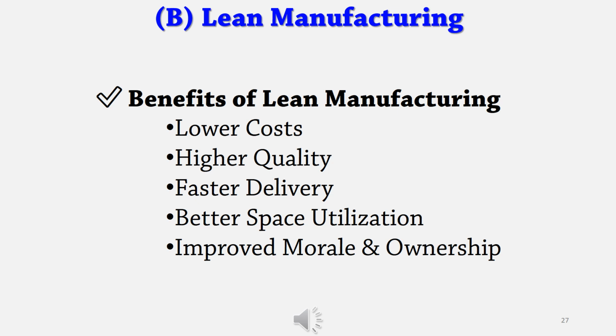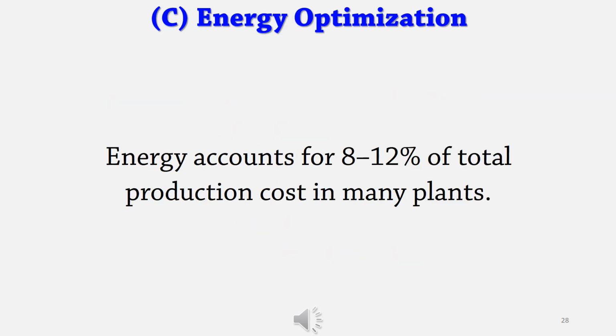There are lots of benefits of lean manufacturing like lower cost, higher quality, faster delivery, better space utilization, improved morale and ownership. Energy accounts for 8 to 12% of total production cost in many plants. So energy optimization is very important for operational efficiency.